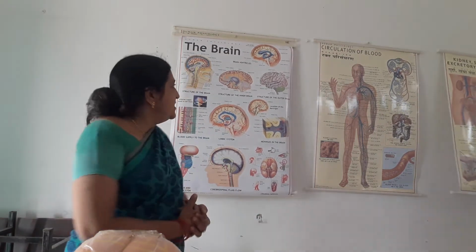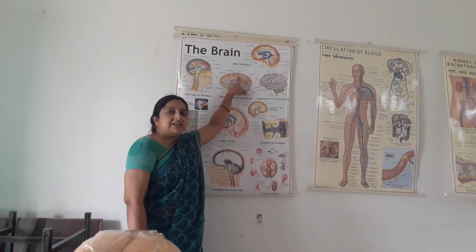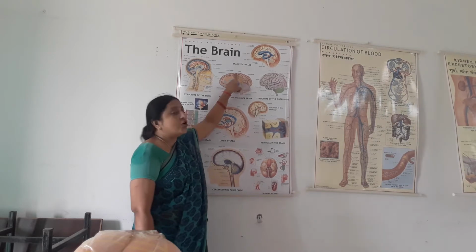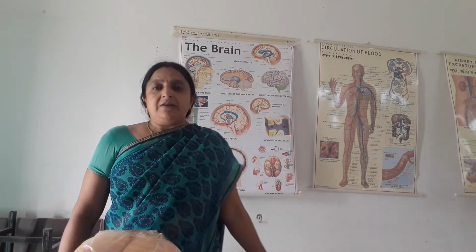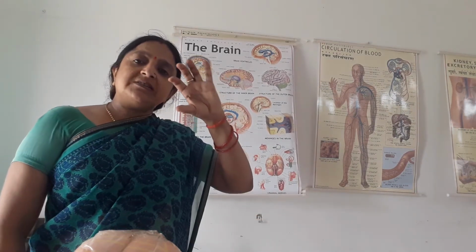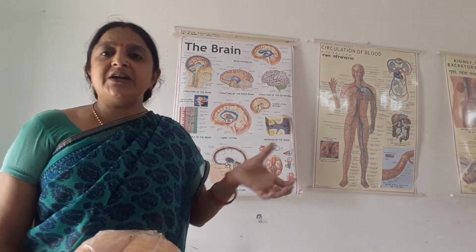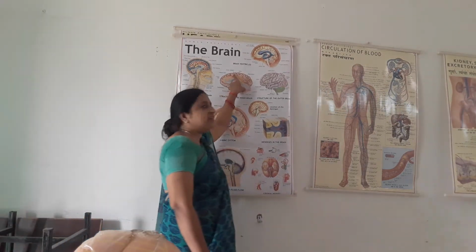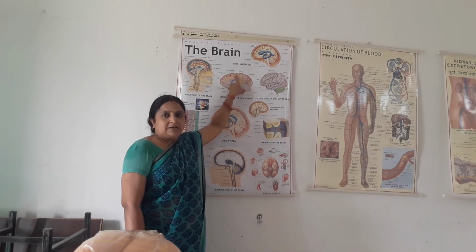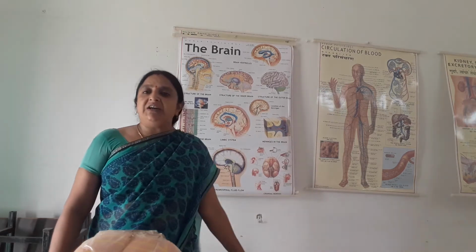The outer layer is called grey matter, while the inner layer is called white matter. It is grey because the cyton part of the neuron is present in the cortical region, and the axon part is present inside, in the inner part of the brain, so it is called white matter.